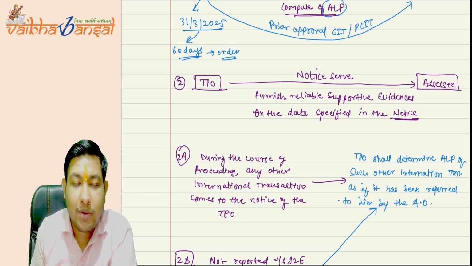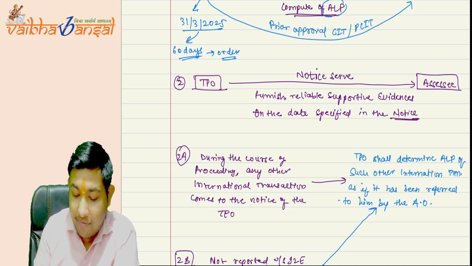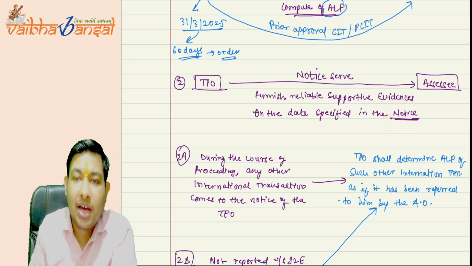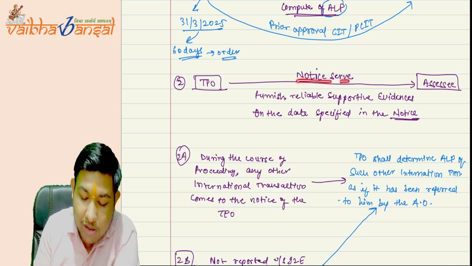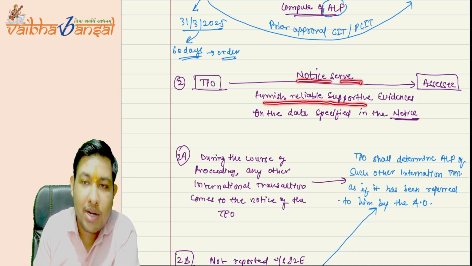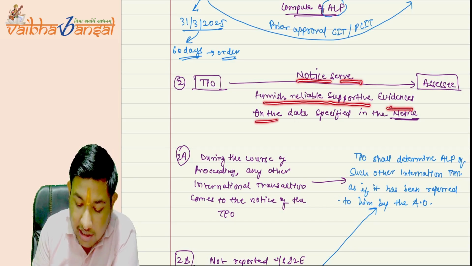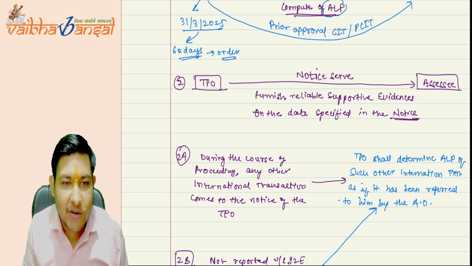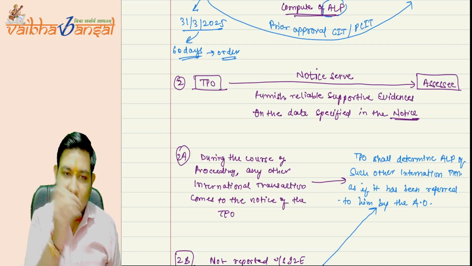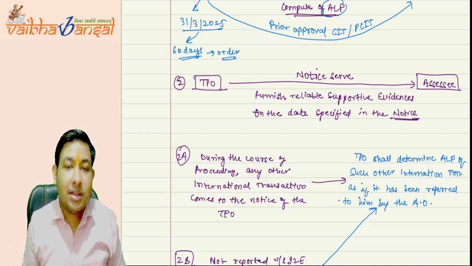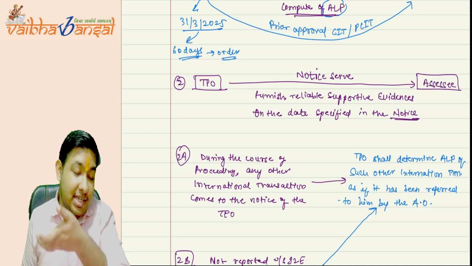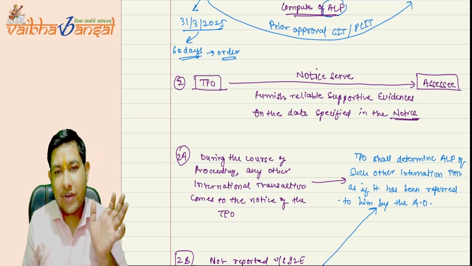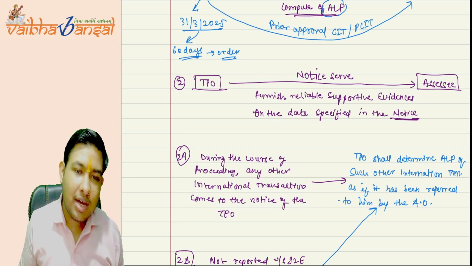That date must be given in the notice itself. Within that time period only, the assessee will give all the reliable supporting evidence to the TPO.